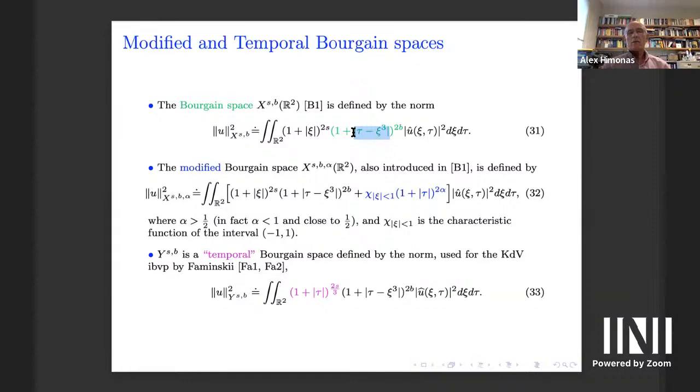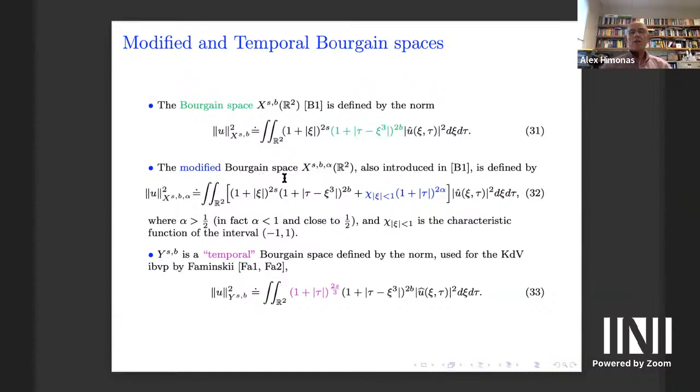In linear theory, for people like Hormander and others, using symbols in their spaces was normal, but in the nonlinear theory, my understanding is Bourgain was the first to introduce a weight that comes from the symbol of the linear KdV. This is the symbol. And b in the initial value problem is typically bigger than 1/2.